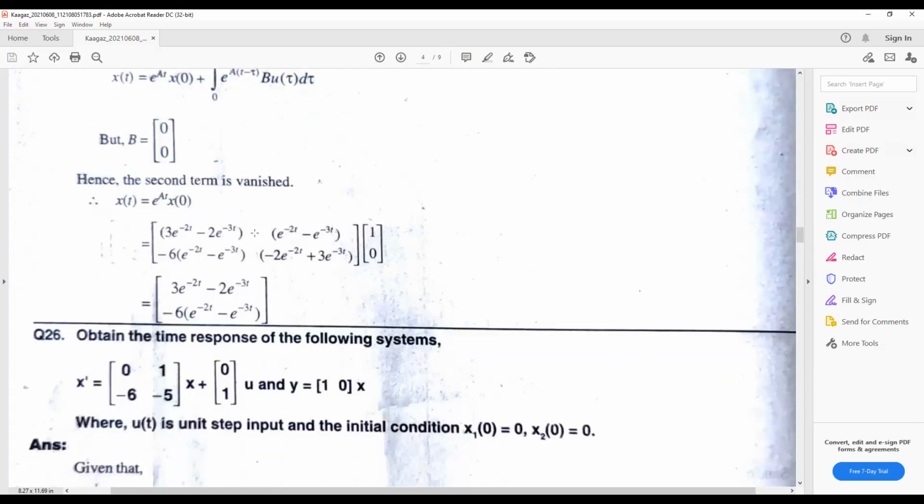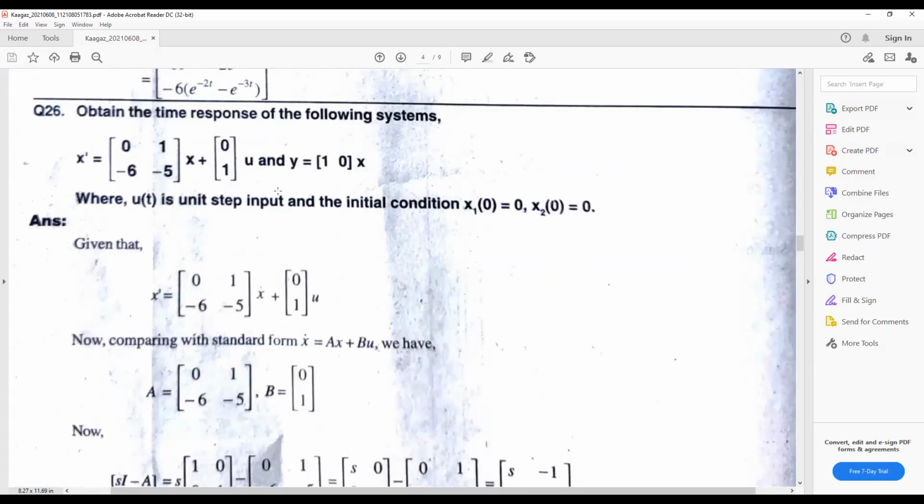Okay, this is the problem. The next problem is to obtain the time response of the system. x dash is equal to Ax plus Bu. The A matrix is 0, 1, minus 6, minus 5. The B matrix is 0, 1.